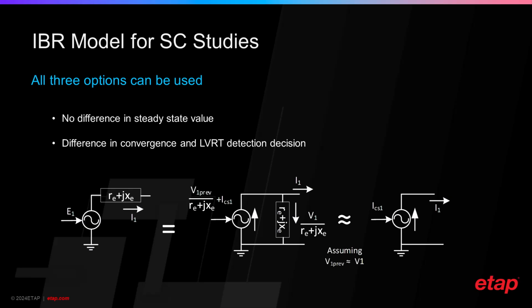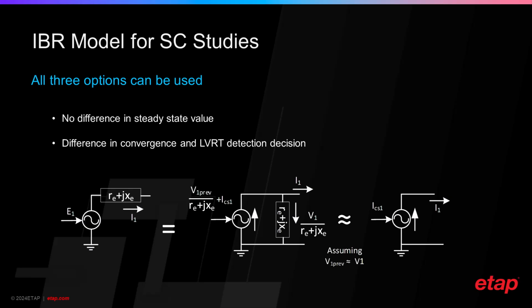When looking at the steady-state values, there will be no difference from using any of these three. That's why the far right model, which is a current source, has been used so far in the industry.